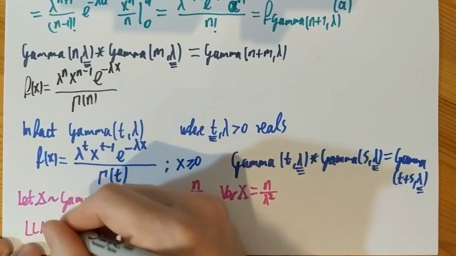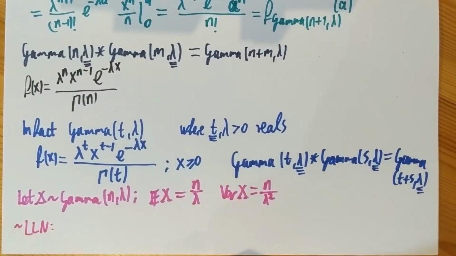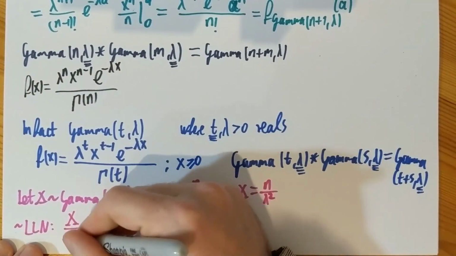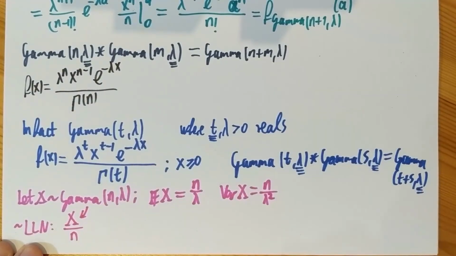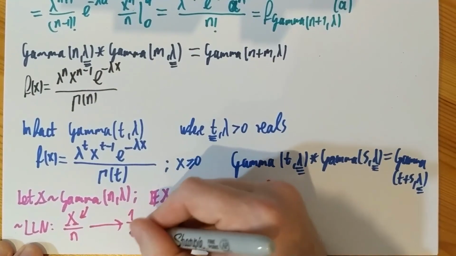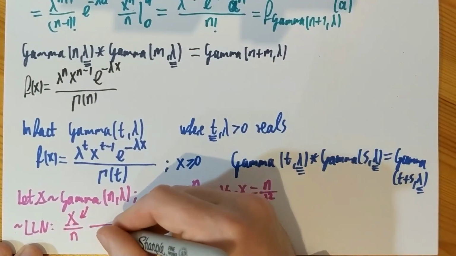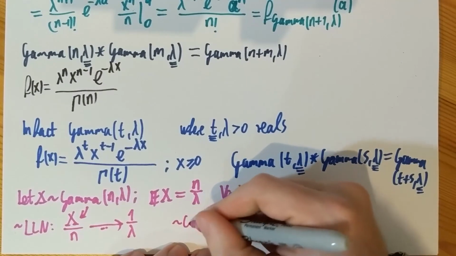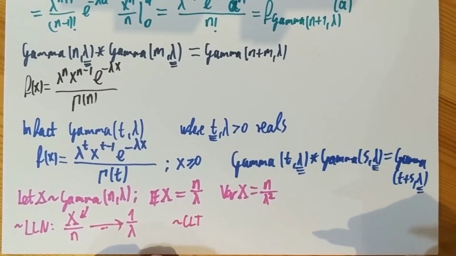Okay, and furthermore, since in distribution it's the sum of independent exponentials, you actually have law of large numbers kind of things. What is the law of large numbers? If I look at the sum of n IID exponentials and I divide by n, it will converge to the mean of the exponentials. So instead of taking n IID exponentials summed up, I'm just going to take my gamma random variable here, and this will converge in some sense, which we can discuss later on, to the mean of one of these exponentials, which is 1 over lambda. And in fact, the central limit theorem kind of statement also holds.